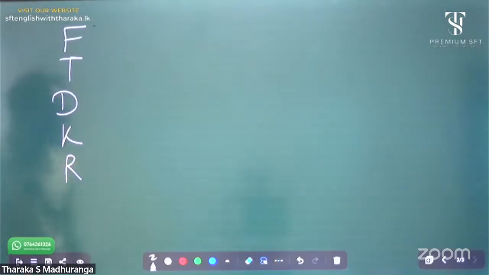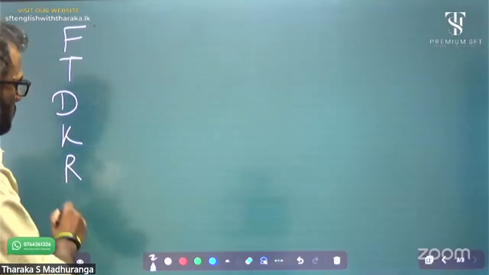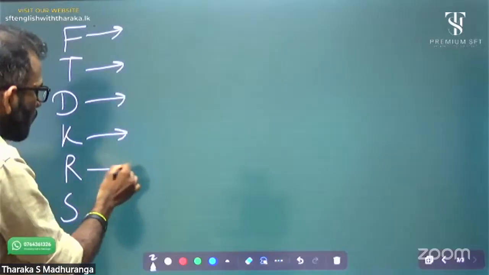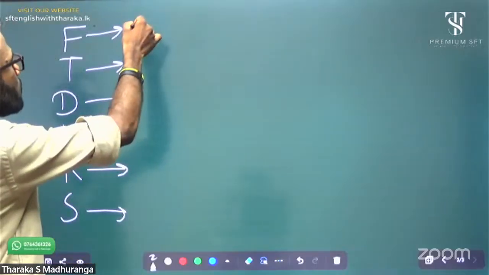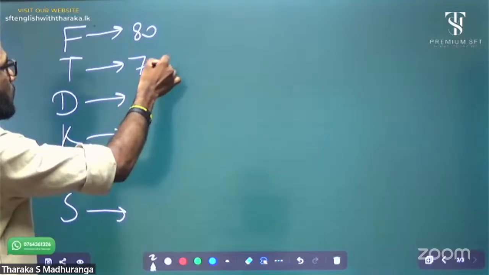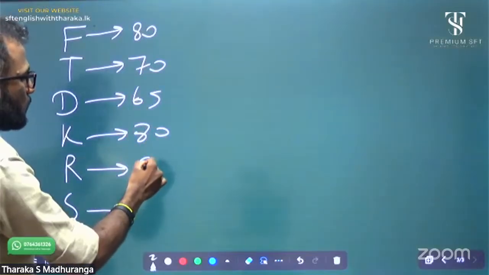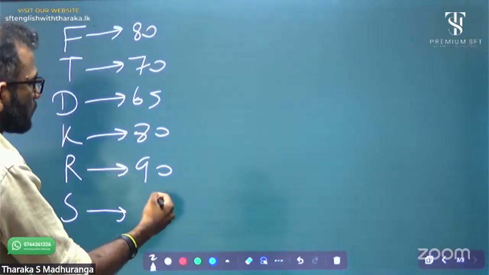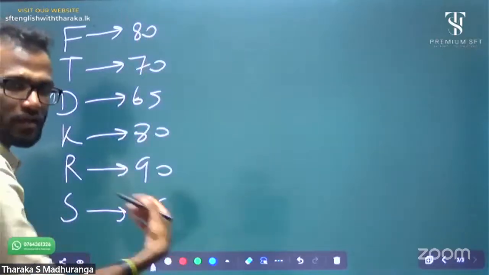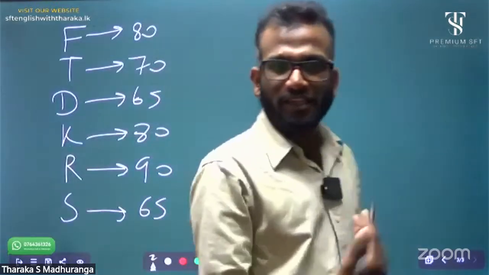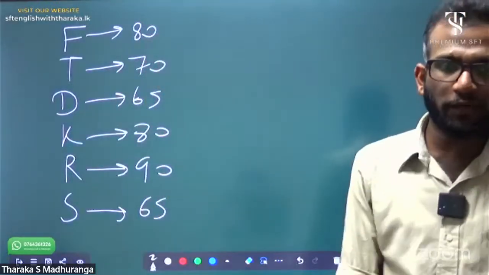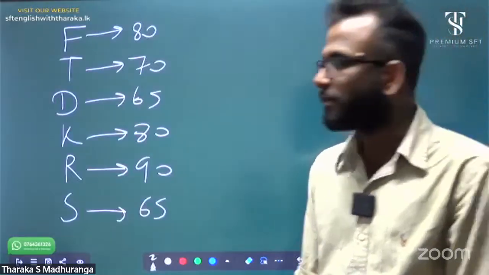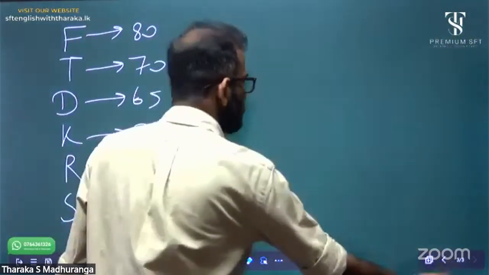If you got the marks, this is quantitative: 80, 70, 65, 80, 90, 65. That's the meaning of quantitative data. We can get data in numerical values.